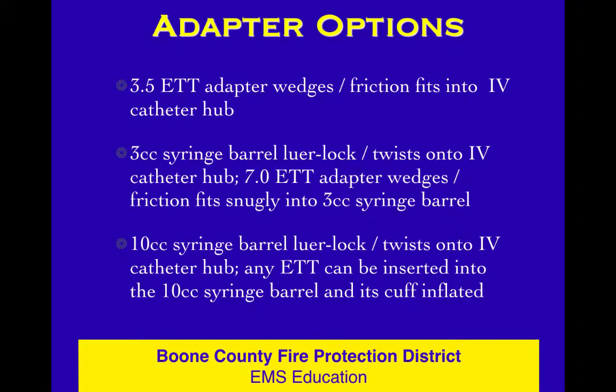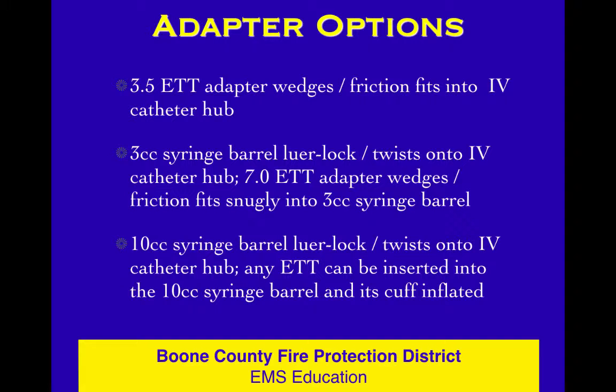Now, we'll let you play with this in class, and you get a feel for which one you want to use. Typically, your service will have one that it has named as the one to use. But we see people from different services from all over the state, with different ideas, so here's a couple. You can just take the adapter off the end of a 3.5 ET tube, and that will wedge right into that IV catheter.